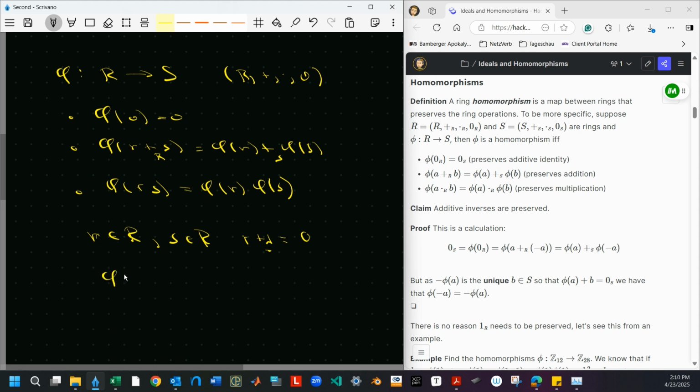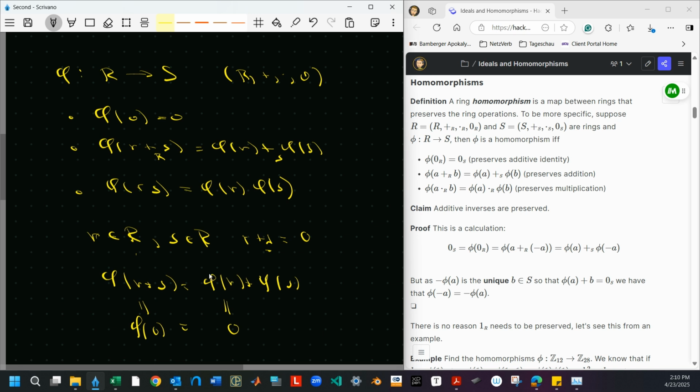So here I'm going to have phi of r plus s. So assume I have the additive inverse. Well, I know that this is phi of r plus phi of s, right? But I know also that this is 0, so this is phi of 0, and so this is equal to 0. These things are on the r side, these things are on the s side, but the point is that this is equal to 0.